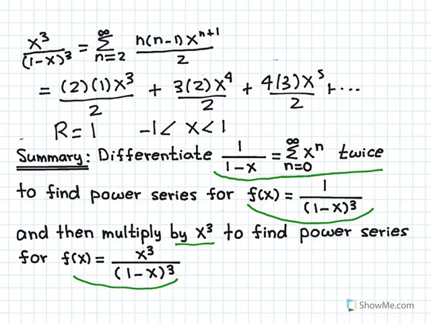And in all our calculations, in 1a and 1b and 1c, the radius of convergence does not change because the original geometric series had a radius of convergence of 1. The new power series that we obtained by differentiating the original geometric series has the same radius of convergence. So it converges for all values of x less than 1, larger than negative 1.